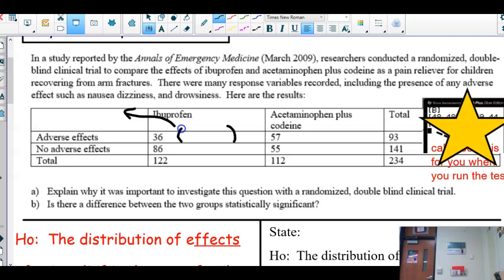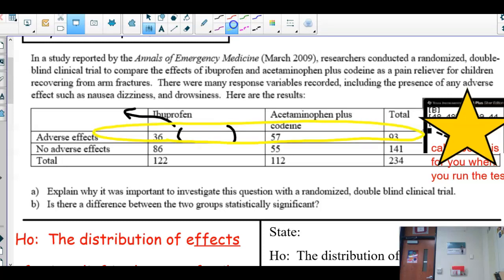I'm going to take 93, that's my row total, times my column total, 122. I'm going to hit enter, and then divide by 234. And I get 48.4872. I'm going to just go to the nearest 100th. That's okay for your expected counts.